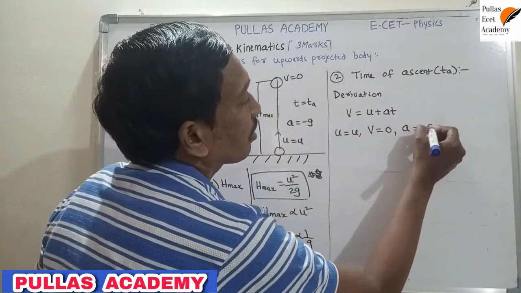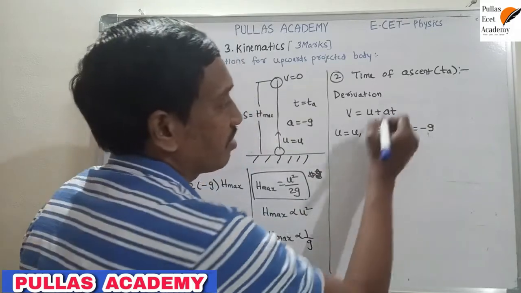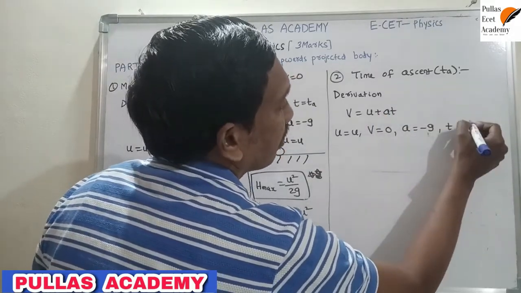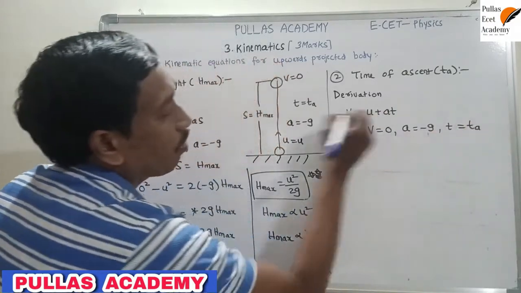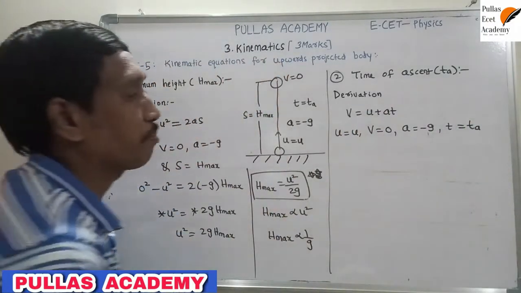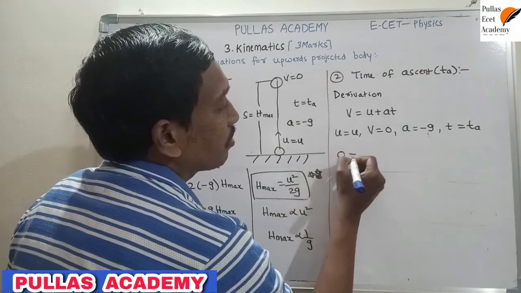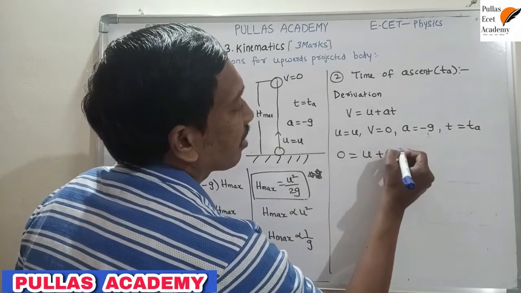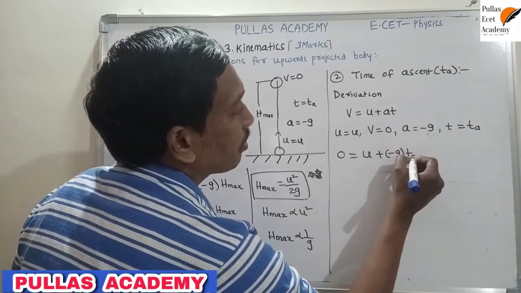For an upwards projected body, a is equal to minus g, and the time taken here, t, we consider as TA. If you substitute all these in the equation, you get the expression. v is equal to 0, u is equal to u, a is equal to minus g, t is equal to TA.